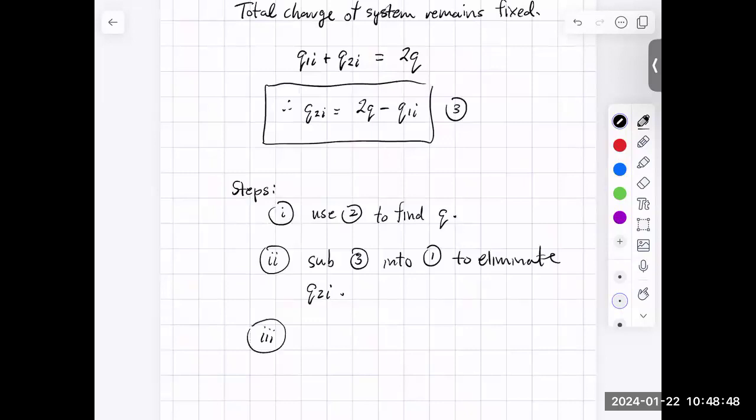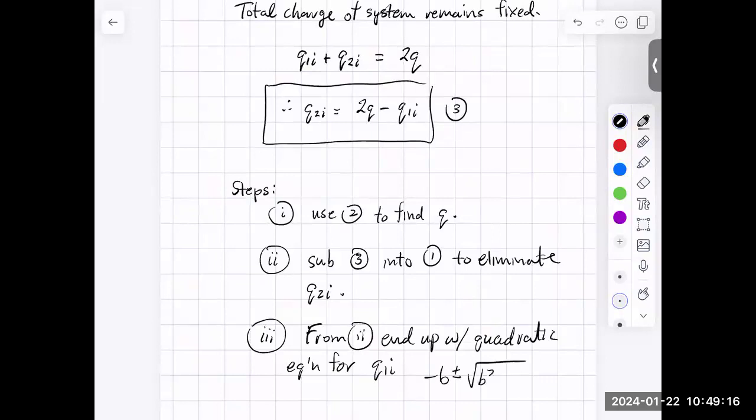When you do that, from step 2 you end up with a quadratic equation for Q1 initial, and you could solve that with minus b plus or minus the square root of b squared minus 4ac over 2a.